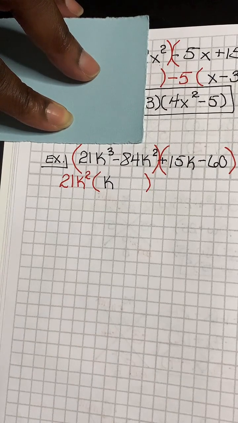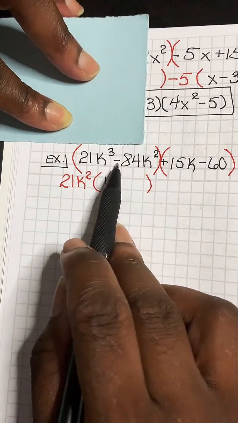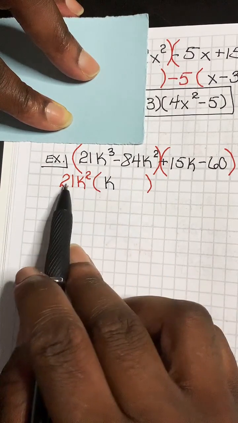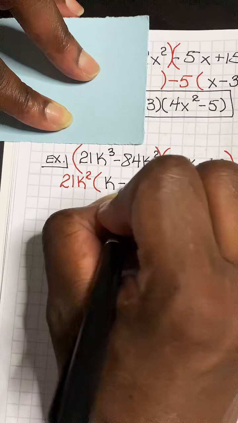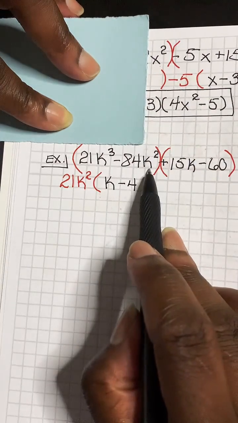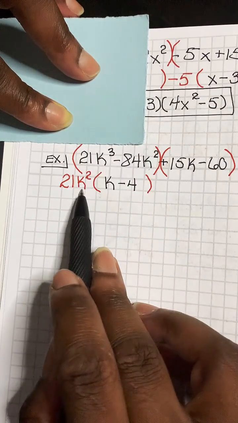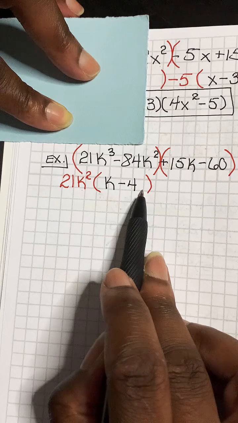Okay, and that's for the other one. Good. So like we said, now we have a negative 84 divided by a positive 21, so that gives us our negative 4. There's 2 k's originally. We pulled out 2 k's, so that means there's no k's left.